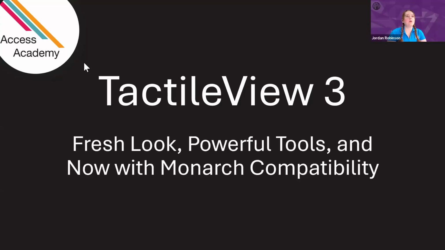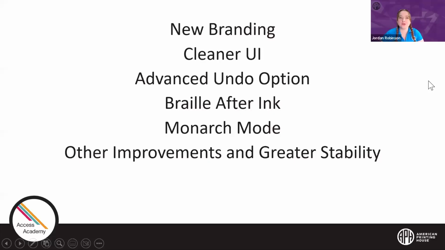Awesome. All right. So we are going to talk about the fresh look, the new tools, and how it works with the Monarch. Andrew's going to be going over most of that because that's his baby in this regard. But since Humanware took over TactileView, it has started coming with our PageBlaster, as I'm sure many of you heard in April.